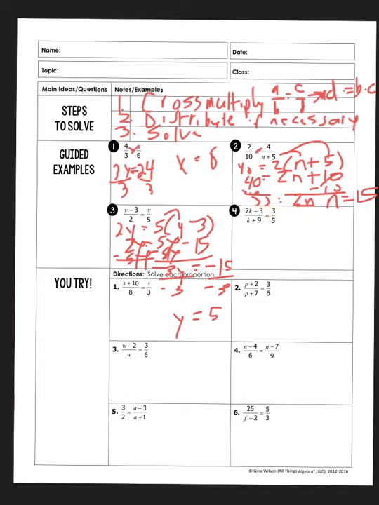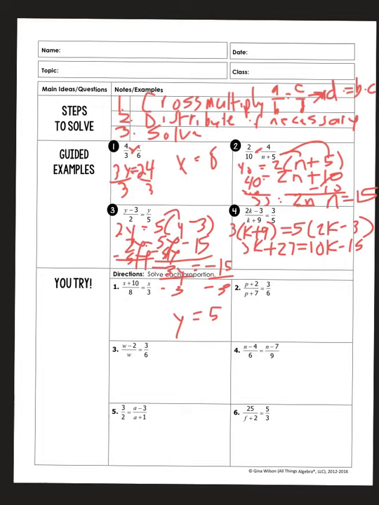Okay. And number 4, I'm going to have to erase a little bit. Double distribution here. So we are left with, when we cross multiply, we get 5 times 2k minus 3 equals 3 times k plus 9. If I distribute, that's 3k plus 27 equals 10k minus 15. Get the variable on one side.